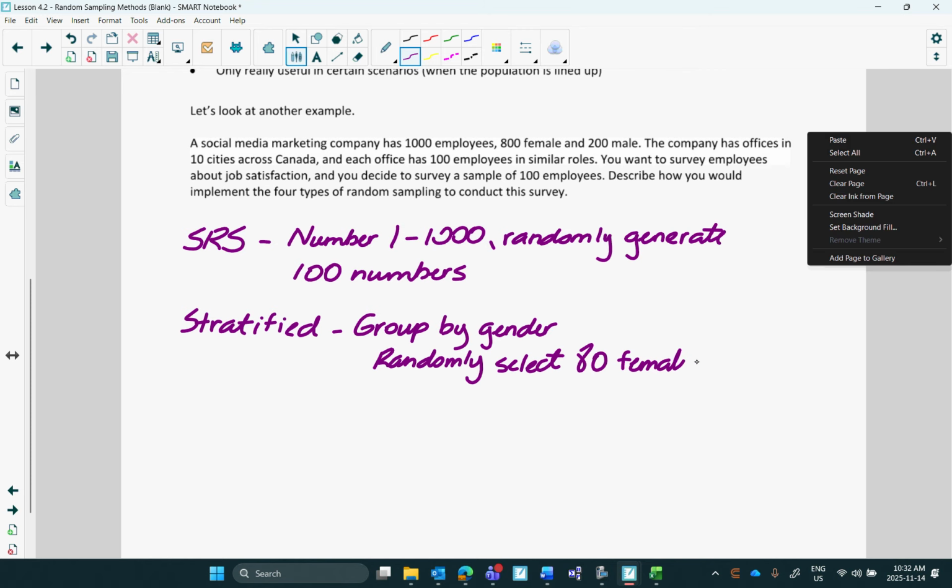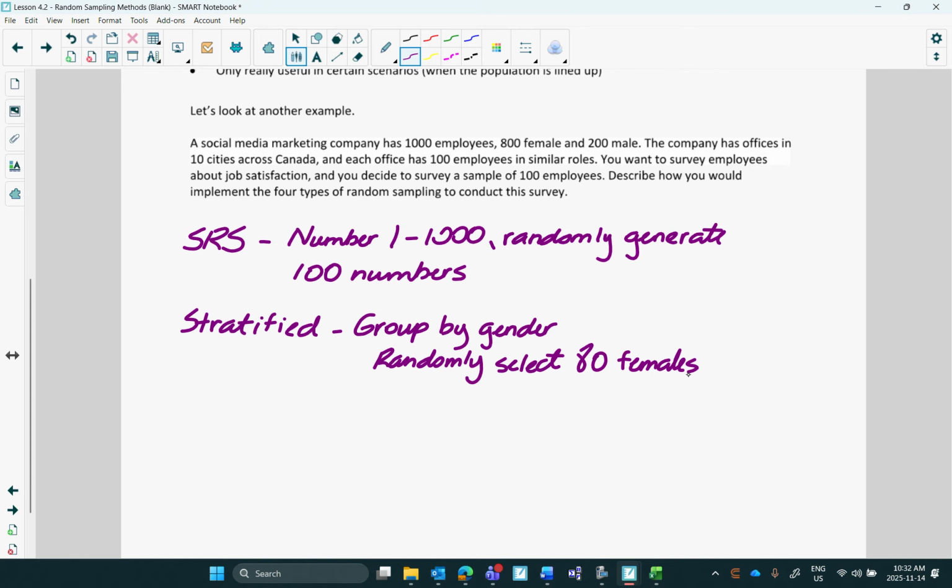Because then it's the same proportion of the sample as it is of the population. And therefore how many males? 20 males.